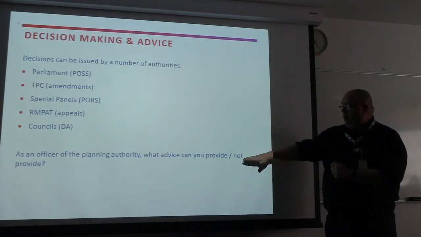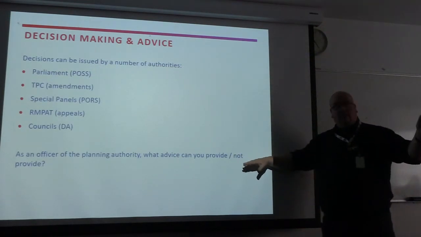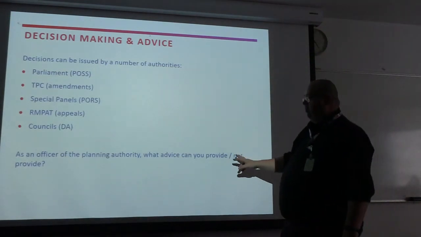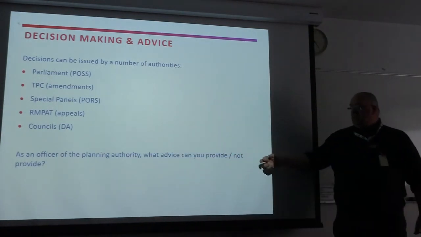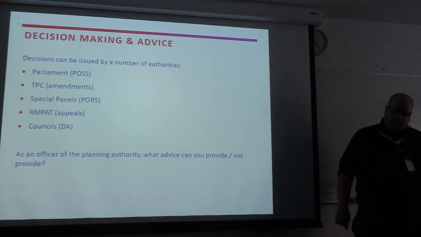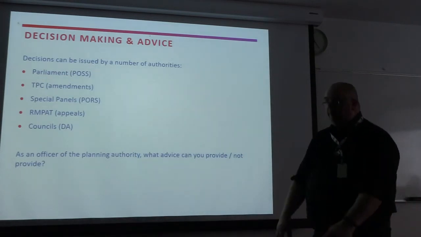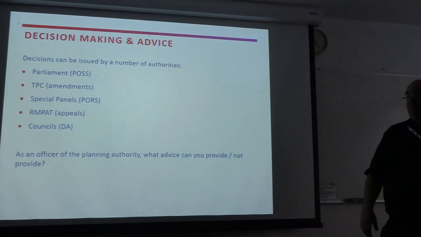So, what advice can you provide and not provide? I think this goes right back to your question, Hafey, and this is why I knew I had something on it. The key issue is you can't tell someone what council's going to do. Emma said, oh, I want to do an upstairs extension. Will it be approved? No. Mate, you lodge an application, it's going to be advertised.